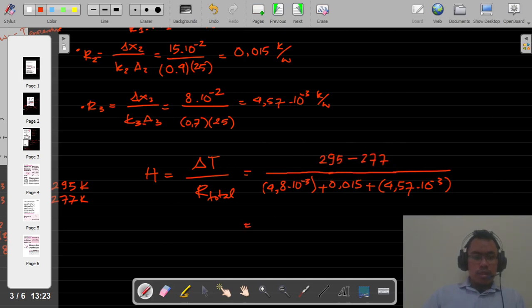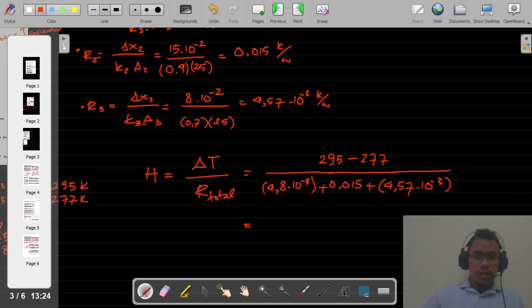Okay, so the result is 295 minus 277, which is 18, divided by 4.8 times 10 to the power of minus 3 plus 0.015 plus 4.57 times 10 to the power of minus 3.